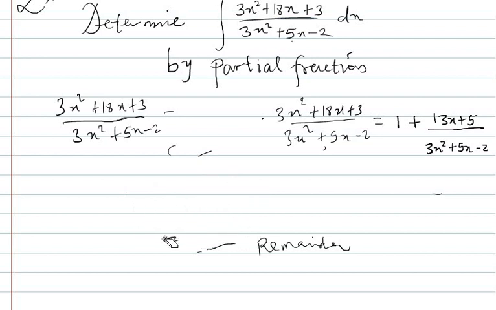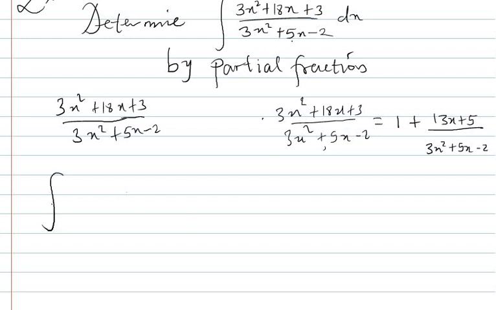The reason we convert this into a long division of polynomials is that there is no way we can solve this, since the highest degrees of the numerator and denominator, x squared, are the same. So we have to use long division so that the denominator's degree will be higher than the numerator's.